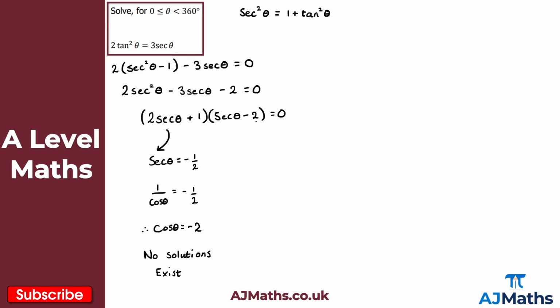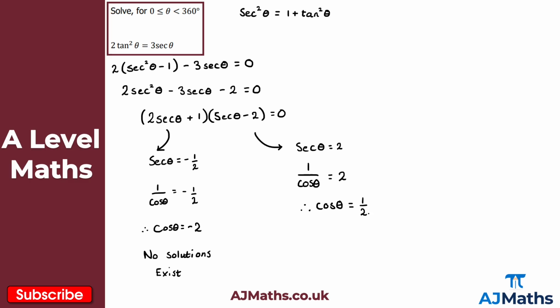However, we also have sec theta minus 2 equals 0. So in that case, we get sec theta equals 2. From here, this is 1 over cos theta is equal to 2. So therefore, cos theta is equal to a half.